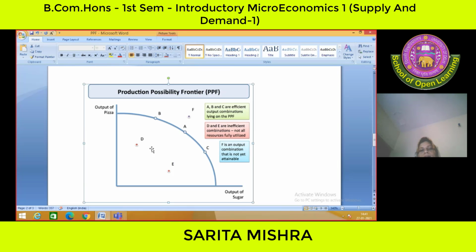Fine. Because moving from here to here, you are increasing production of both cotton and wheat as well. So when you are increasing production of both the goods while the resources are limited, this is actually technically impossible. To increase the production of both the goods simultaneously, you will definitely need more resources, or you will need a technology which will alter the use of resources in such a way that they are more productive.